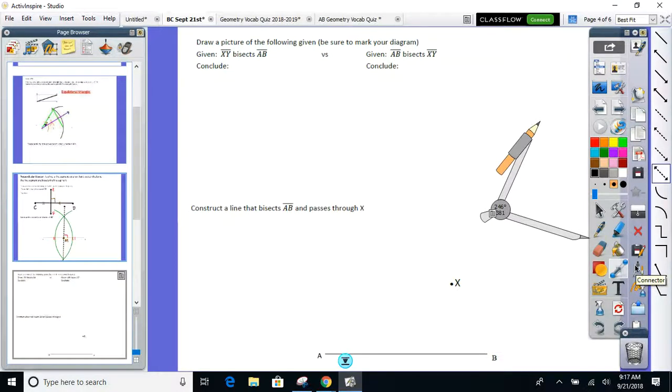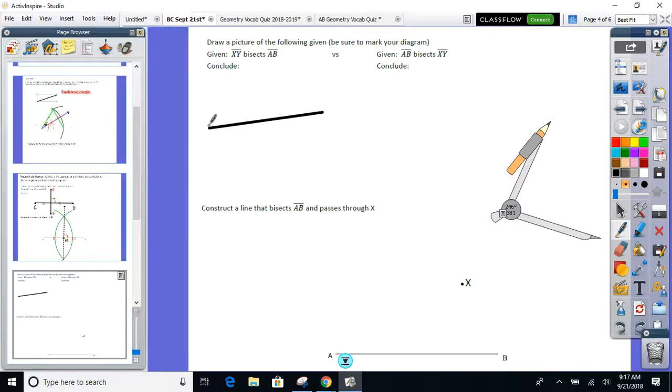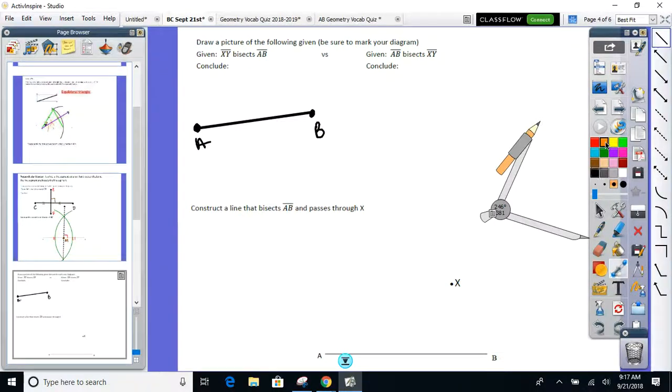XY bisects AB. Hey, everybody, what line segment is being cut in half? AB by XY. Yep, so go ahead, draw AB. Does it say it has to be perpendicular? No, just got to cut it in half. That's it. So AB is the one being cut in half by XY.